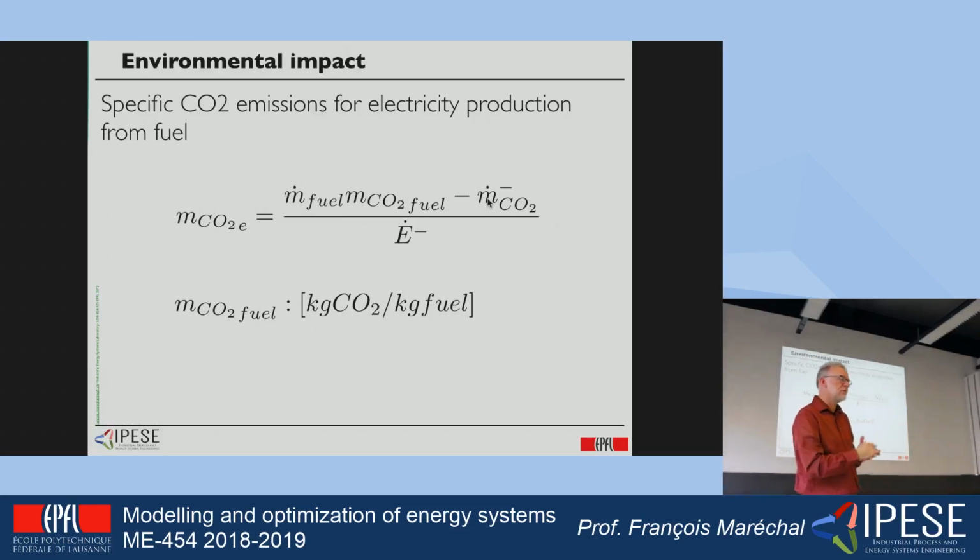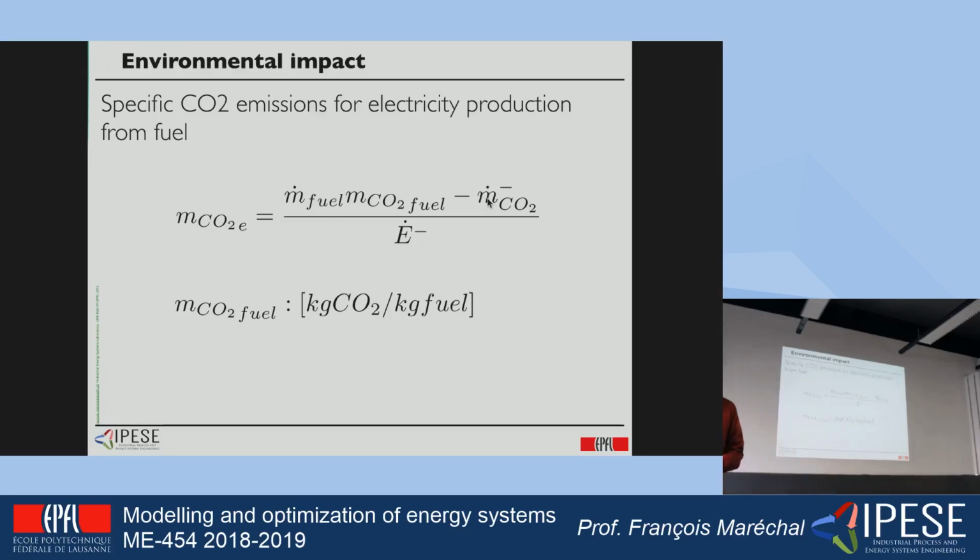Multiplying the flow by the amount of carbon dioxide gives the amount of carbon dioxide emitted in the stack, from which I'm going to deduce the amount that is captured, so that I get the net emission of the system, that I will divide by the service, so that I define the carbon dioxide emissions per unit of service delivered.